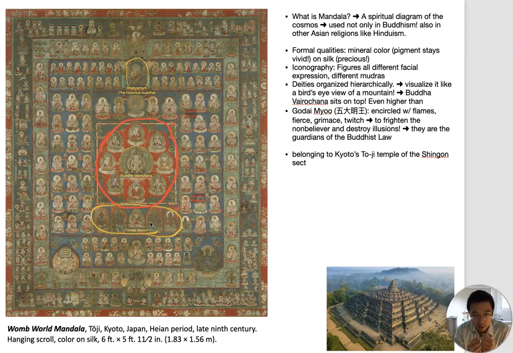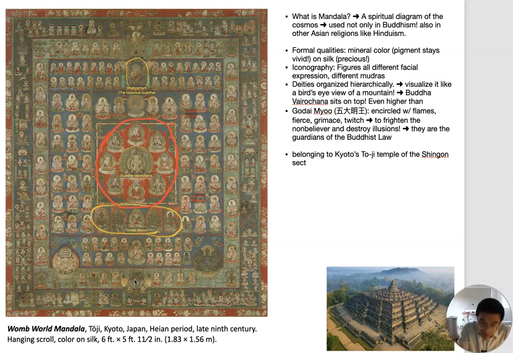And this is a mandala from Japan. In Japan, Buddhism develops into different sects. Even in China it develops into different sects, but it prospered much more in Japan. These different sects, the Tendai sect and the Shingon sect, and this is the mandala for the Shingon sect of Buddhism.